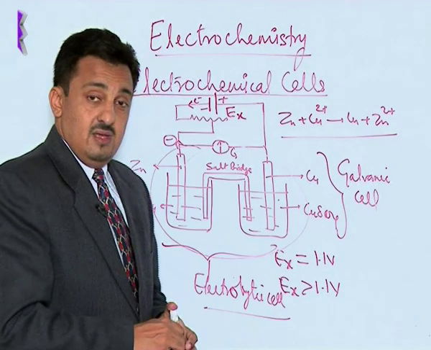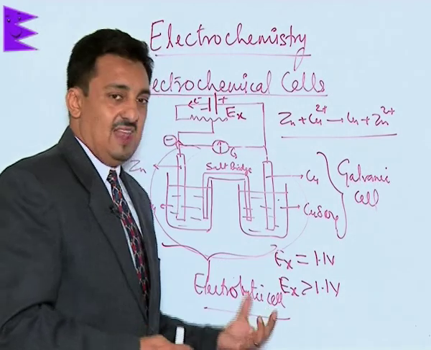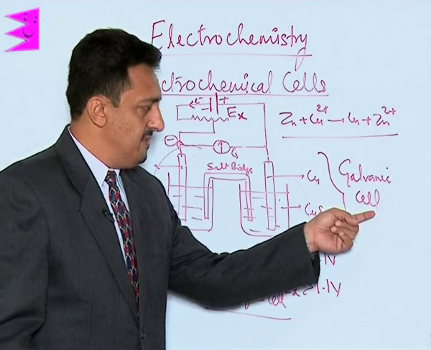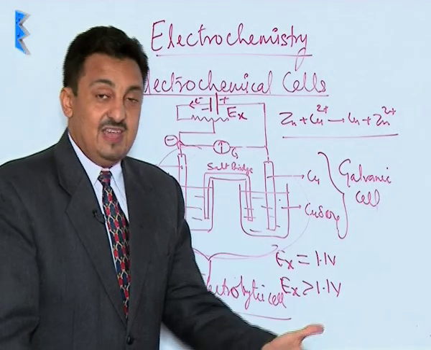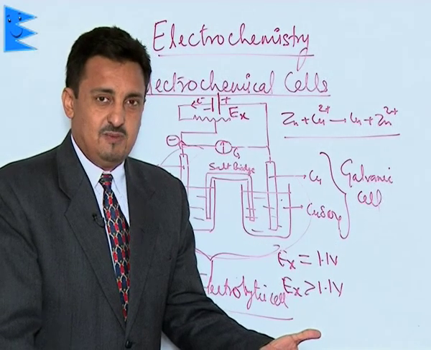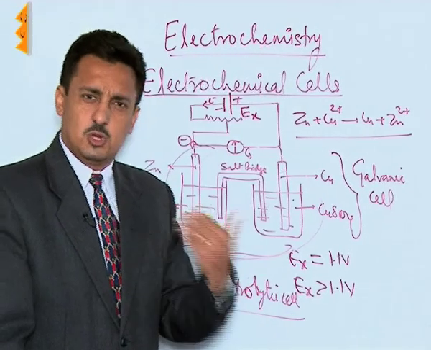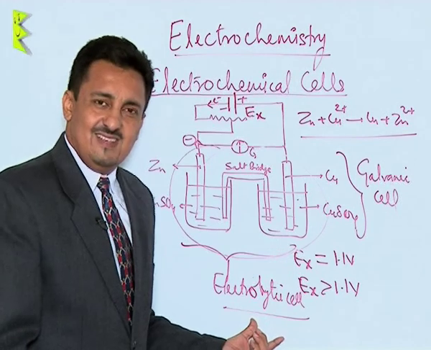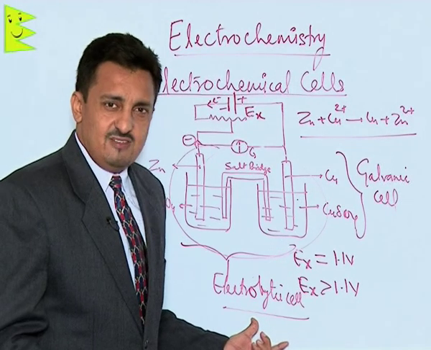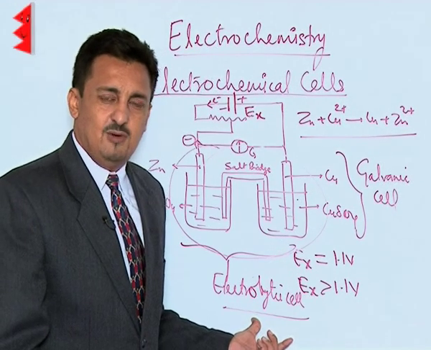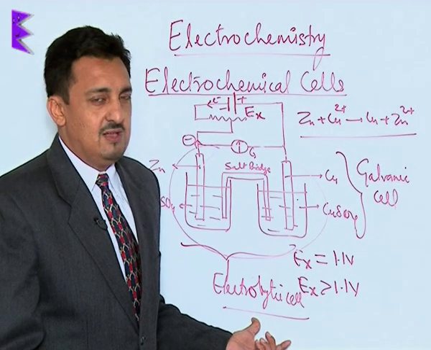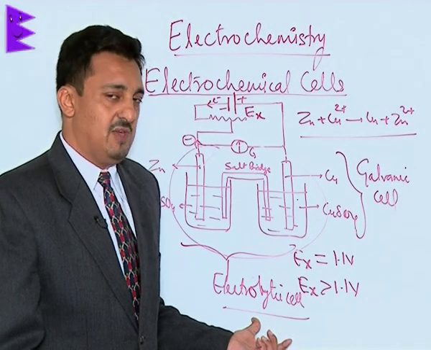So both of these have a basic major difference. In galvanic cells, spontaneous redox reactions are allowed to take place, and the energy released is converted to electrical energy. Electrolytic cells are the cells in which non-spontaneous redox reactions take place with the help of external electrical energy, which is converted into chemical bonds and stored in the form of chemical energy.